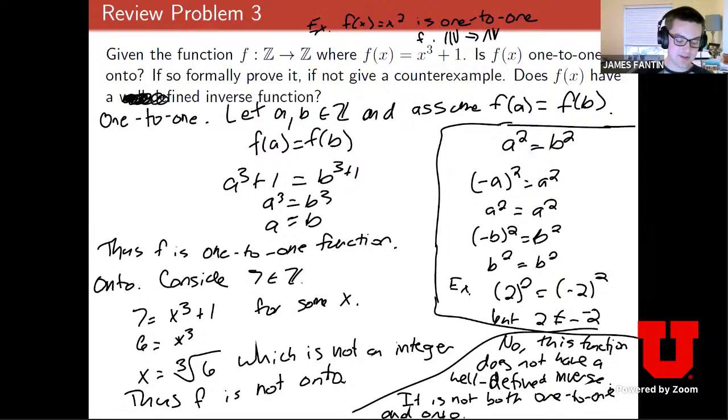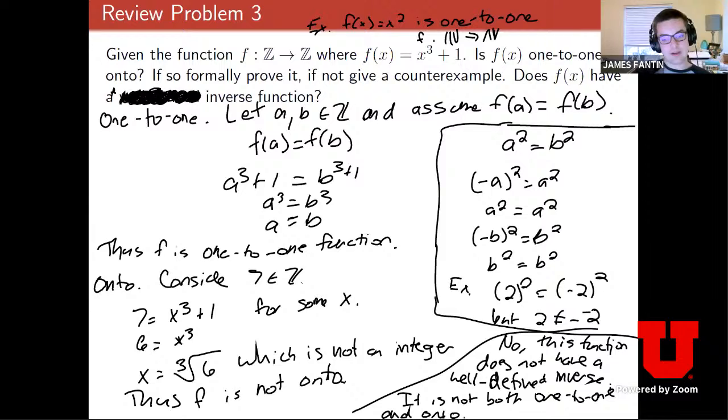In this class, we assume all inverse functions are well-defined, meaning that they are indeed functions. Some textbooks consider certain partial inverses, but that's outside the scope of this class and not important right now. I should have said, does f have an inverse function? So well-defined, not important.